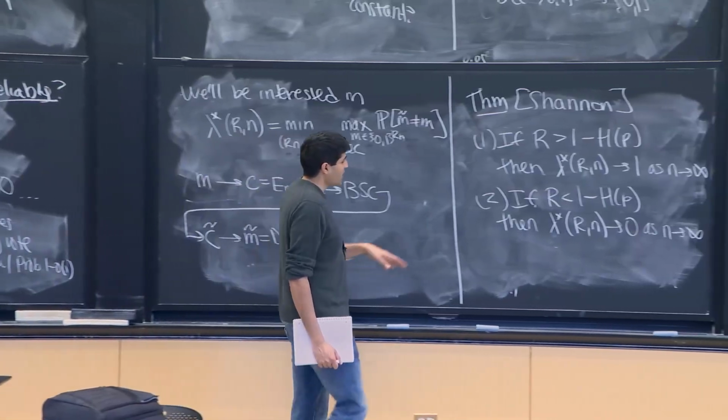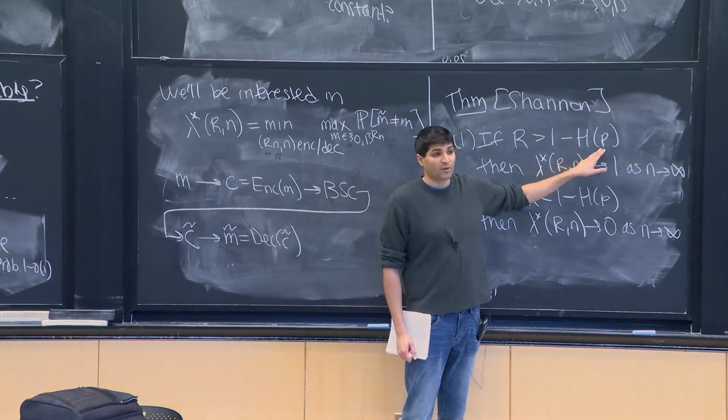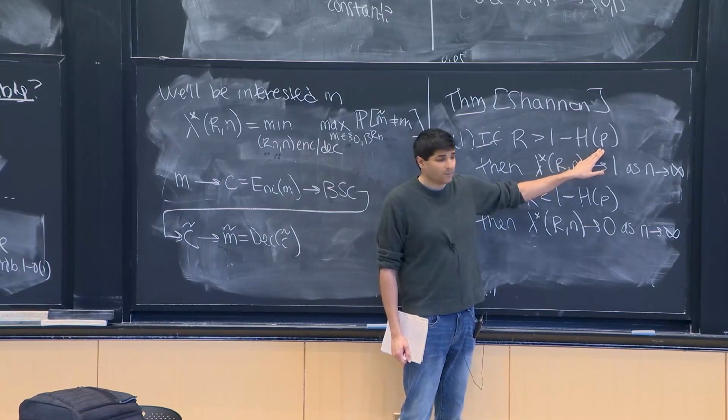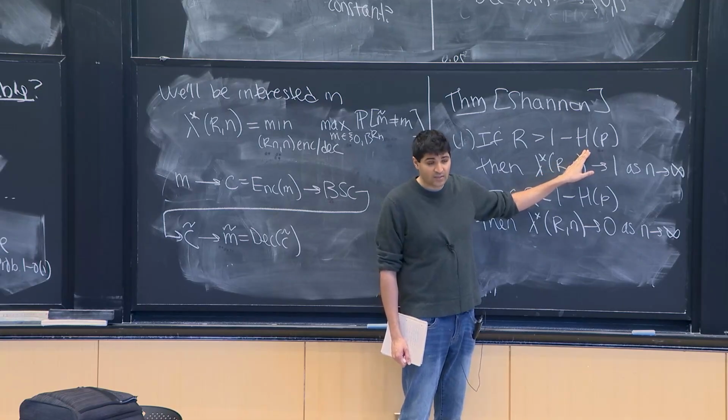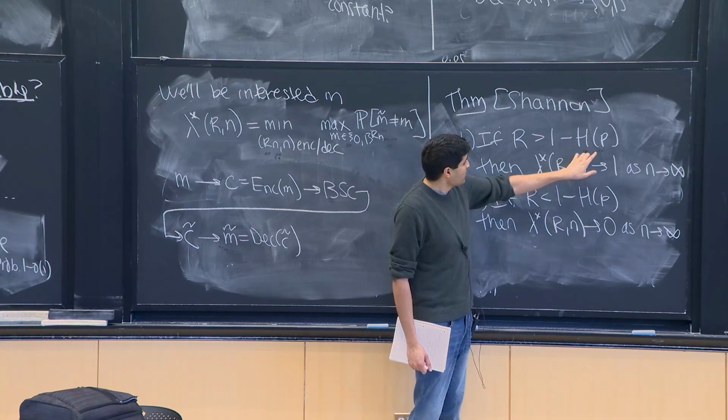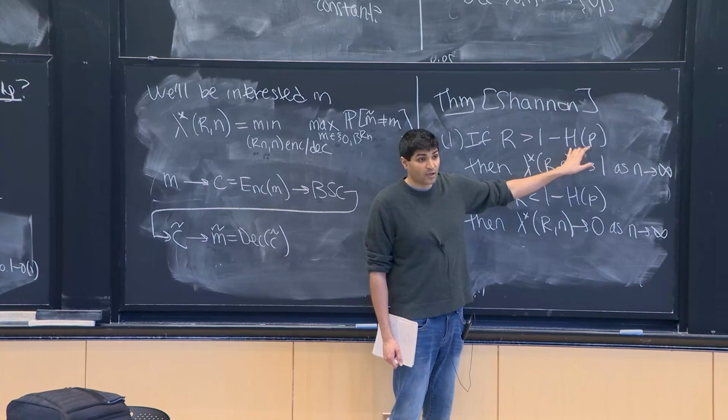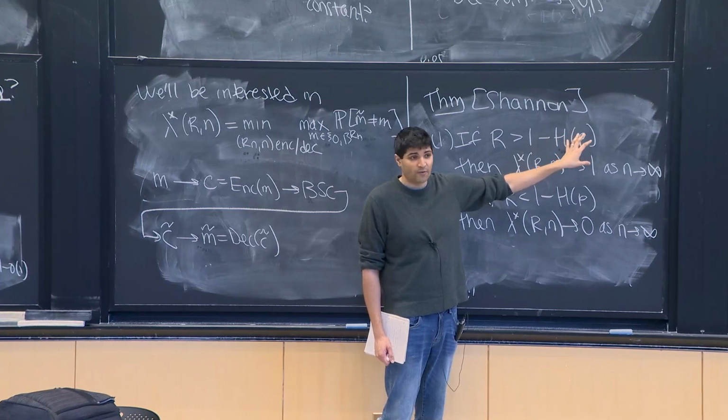Think about p as being a third in our binary symmetric channel. H is the binary entropy function. We talked about what that expression is: minus p log p plus 1 minus p log 1 minus p. So you can just plug in p is a third and compute numerically what entropy of p is.